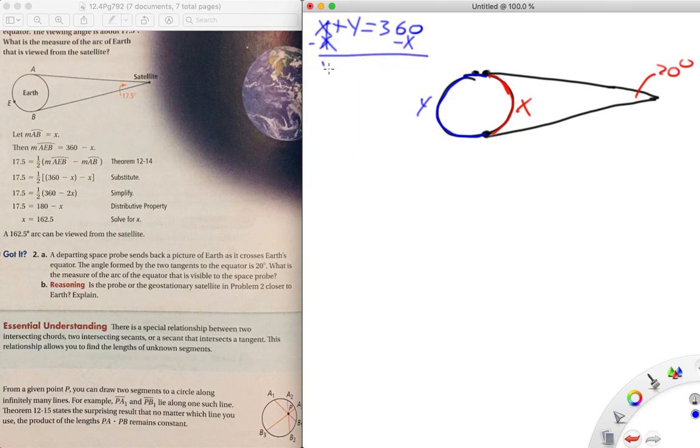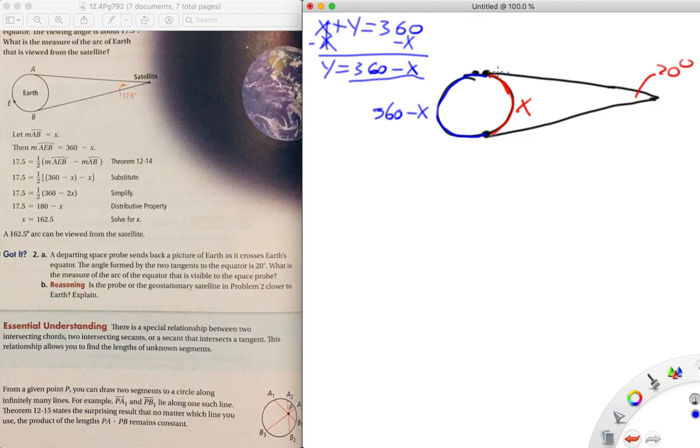That goes away, and I get that y is equal to 360 minus x. So instead of writing it as y, I'll write 360 minus x instead of y. The reason I'm doing that is because I want it in terms of one variable, so I can solve for one variable and then plug it in and get the other one.